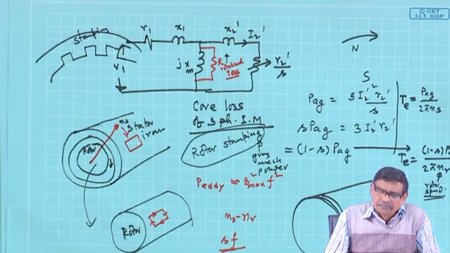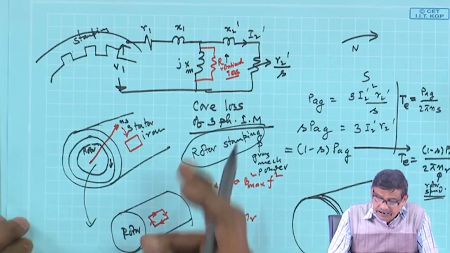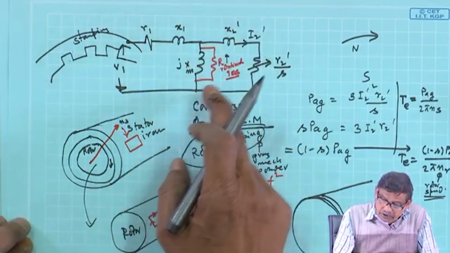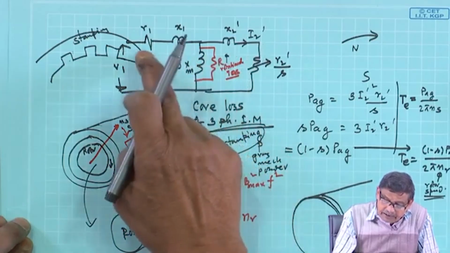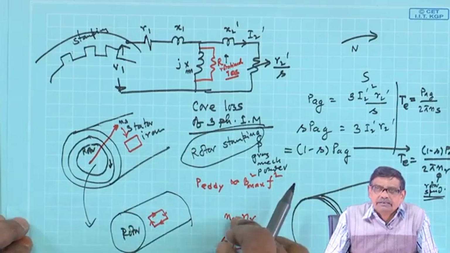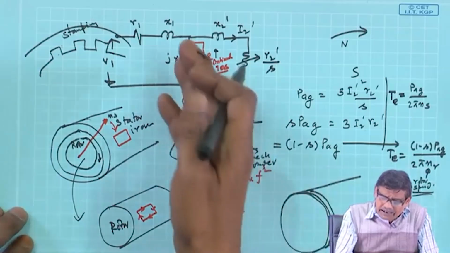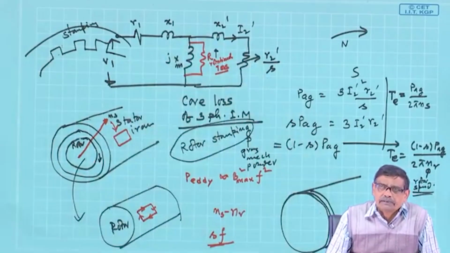It will become slightly more involved in calculations, because you have to calculate R Thevenin with this resistance, this XM and this R1 jX1 in parallel. So, calculations will be slightly higher, but it is neglected, because magnetizing current is much higher than the core loss component of current.